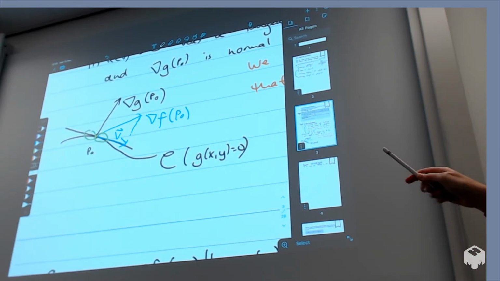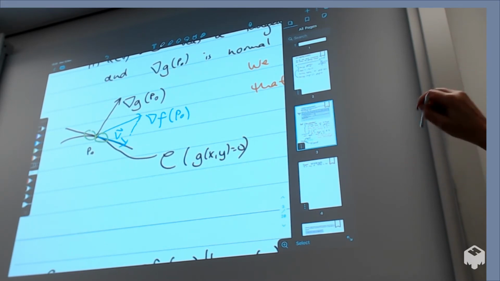as we move in the direction of our v, then our f of x y will increase. Sorry.